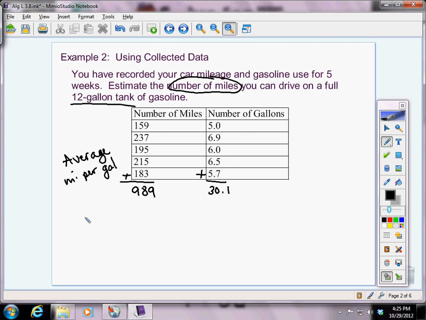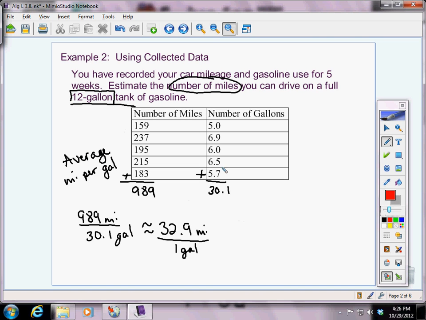If we want to find the average, we take our miles, 989 miles, and we divide it by our gallons, 30.1 gallons. If we divide that out, that comes up to approximately 32.9 miles per gallon. Now we can use that to find the number of miles we're going to drive on a 12-gallon tank.